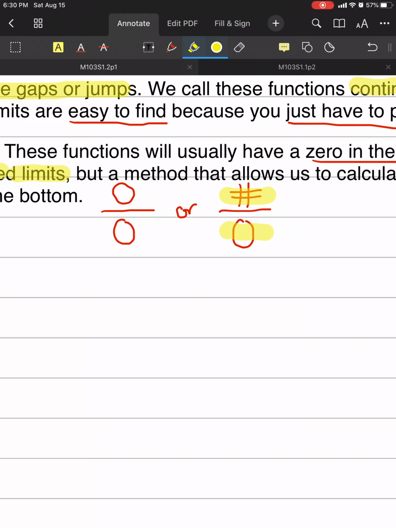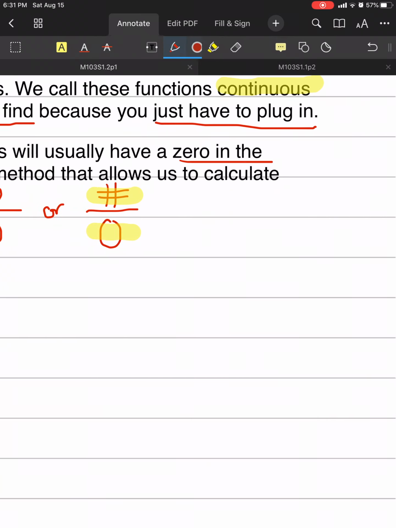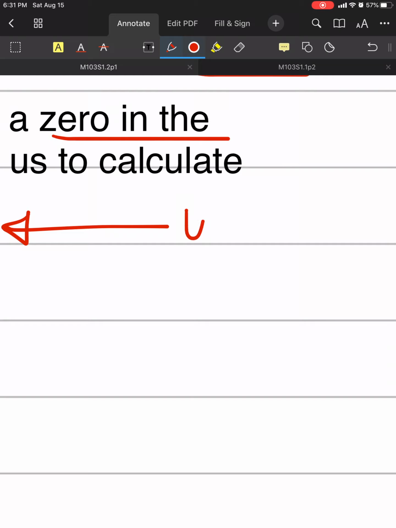That limit will be something that we don't actually have a numerical value for. So if you have a number over 0, that means this limit here is definitely undefined.